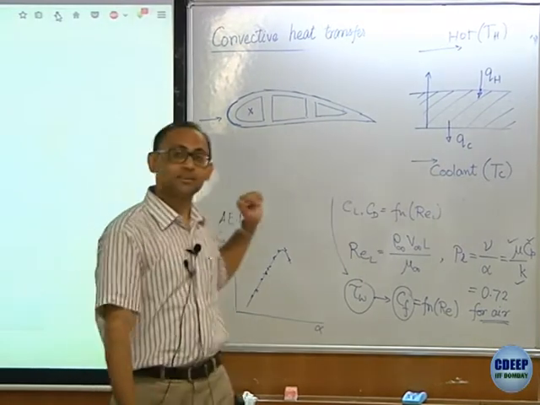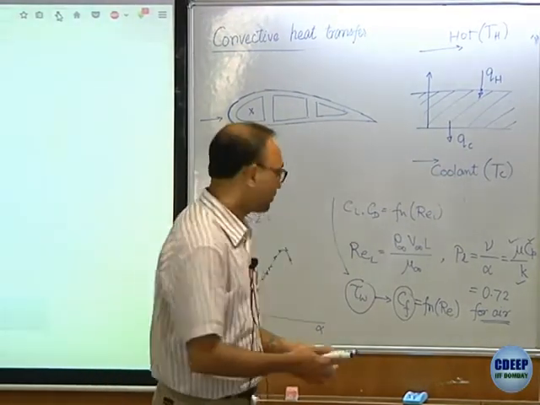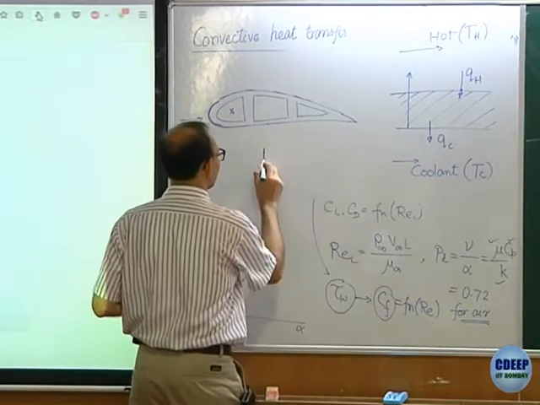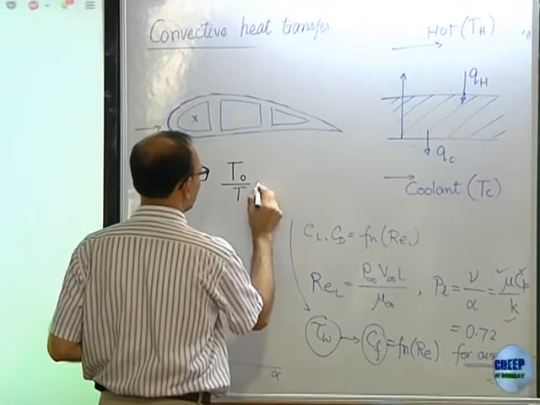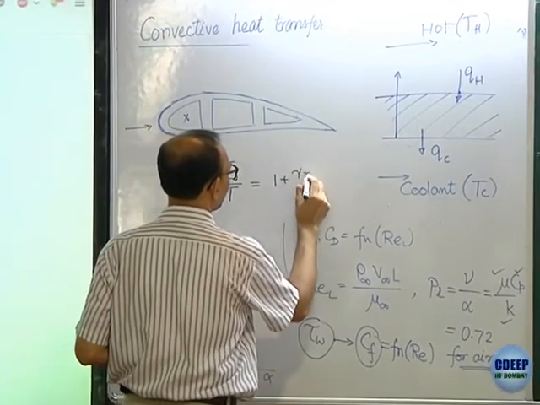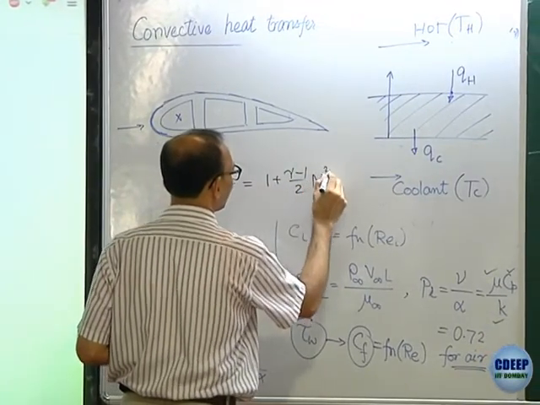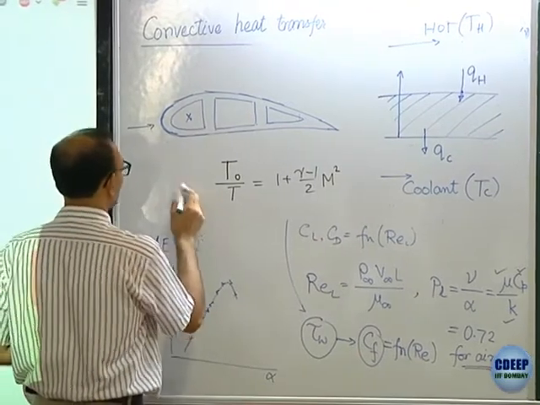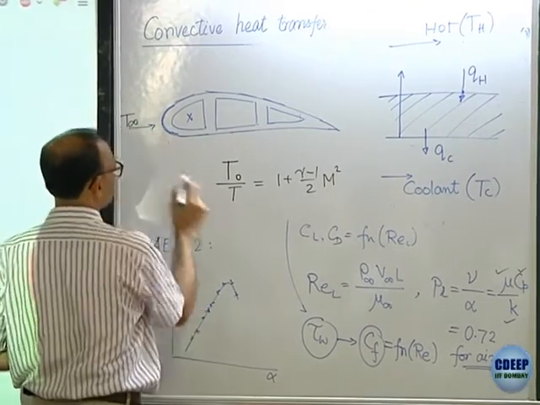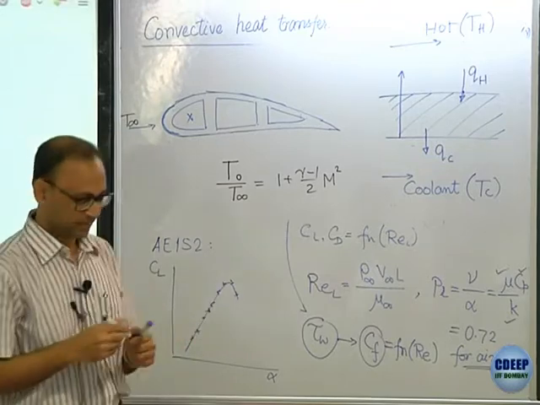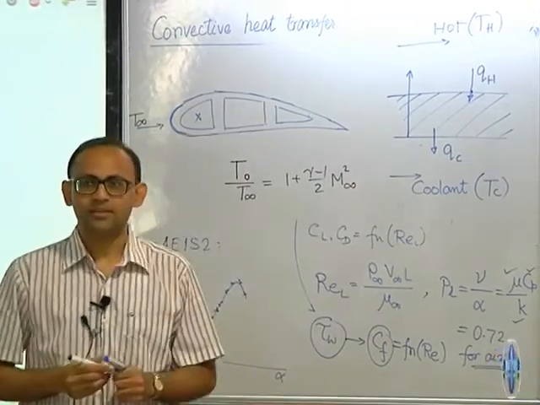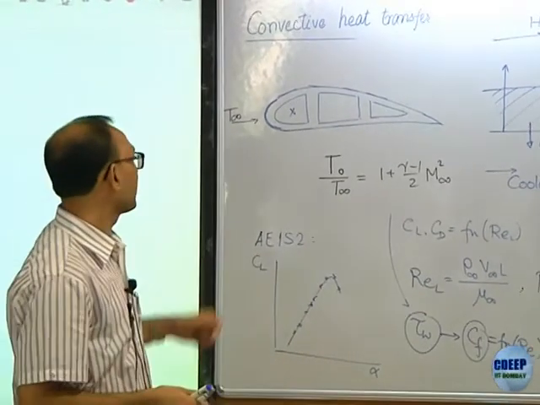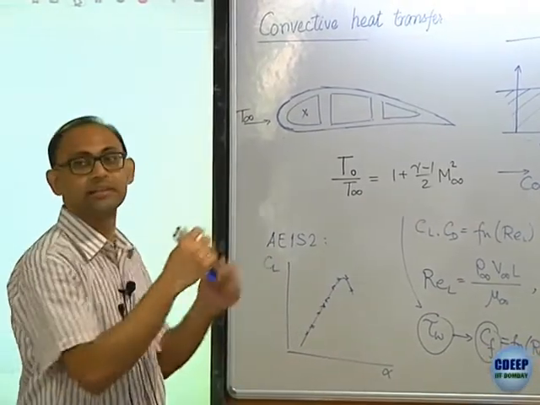And more than that, if you remember this, T stagnation: T naught over T equals 1 plus (gamma minus 1) by 2 M squared. So T is what's coming from far away, T infinity and M infinity. At the stagnation point, you would go up by a factor of whatever that is on the right hand side.